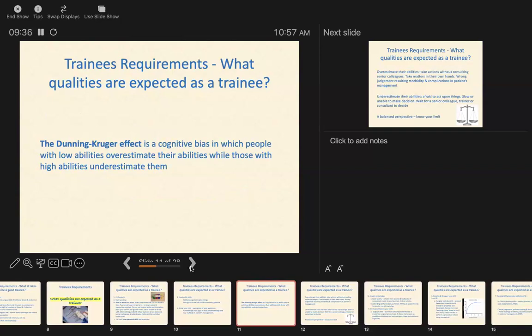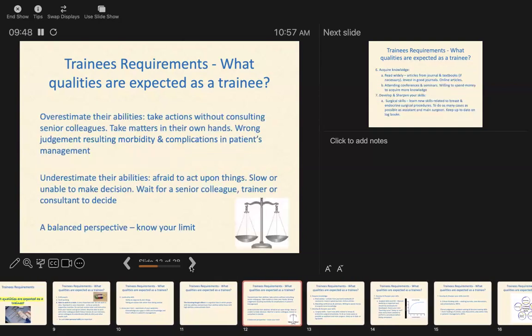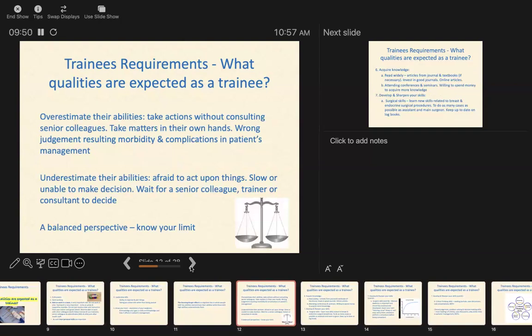It's a cognitive bias in which people with low abilities overestimate their abilities, but those with high abilities underestimate them. So what happens then? Okay, see what happens then. If you overestimate your abilities, you think, oh, I know this, don't worry, you don't need to call the consultant, I can handle this.